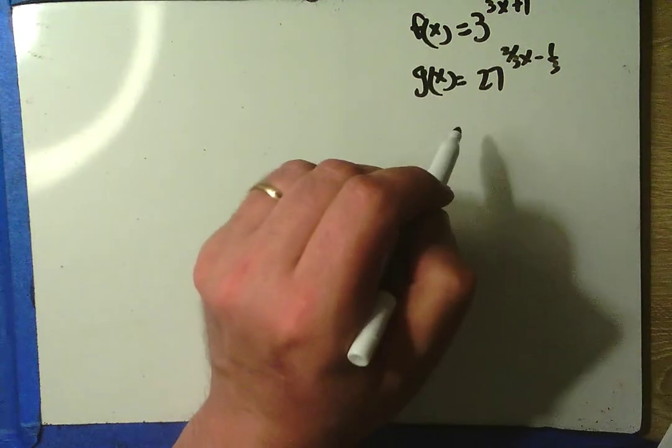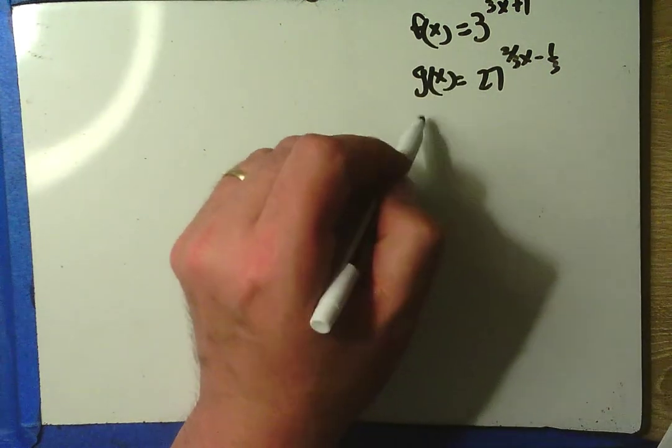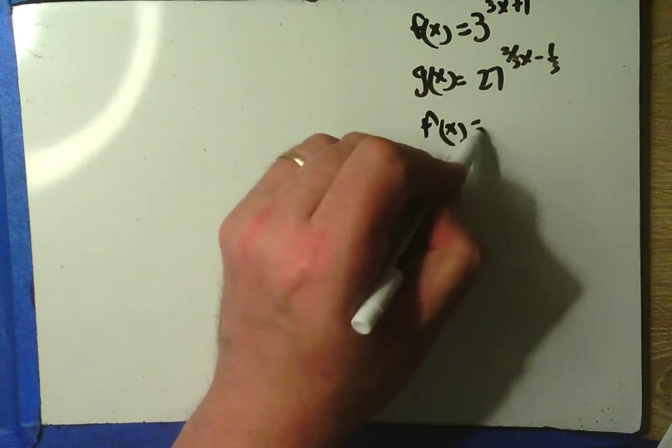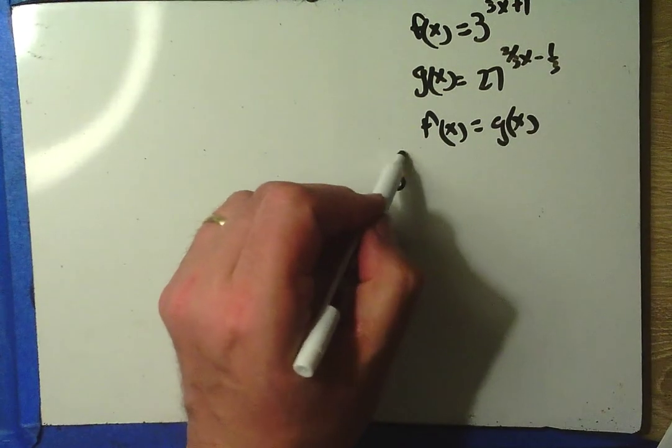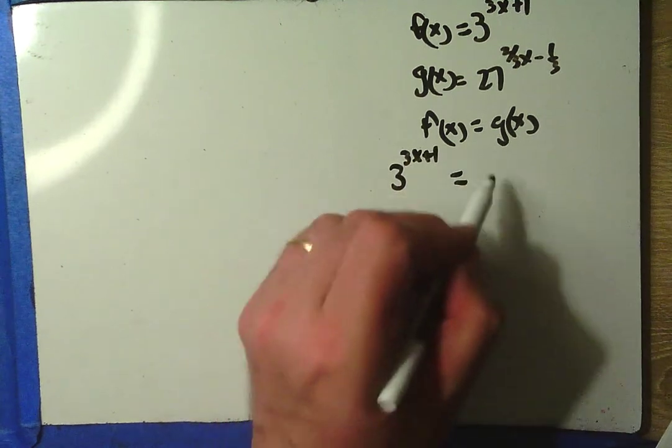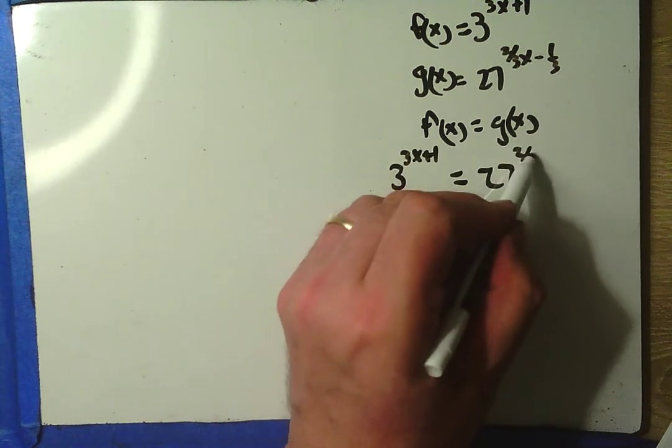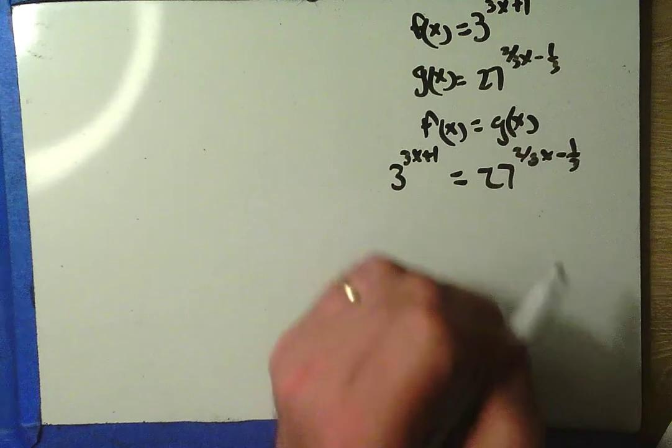Hey, we were just talking about that in our functions unit. We said that intersections look like this algebraically. So I want to set 3 to the 3x plus 1 equal to 27 to the (2/3 x minus 1/3).